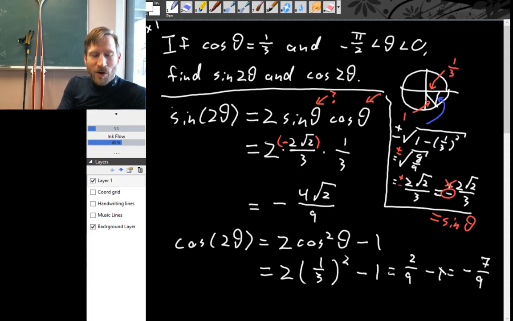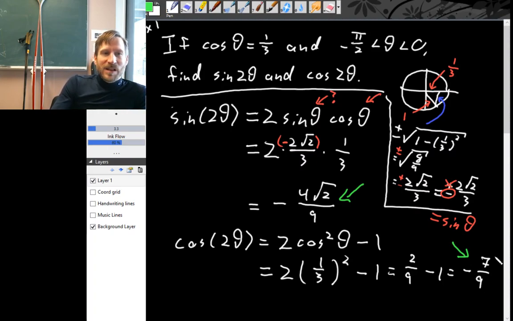All right, and there we go. We have sine of 2 theta and cosine of 2 theta. Notice that cosine of 2 theta is negative. That means for this unknown angle theta, twice that angle actually pushes us over into the third quadrant because both sine and cosine are negative.